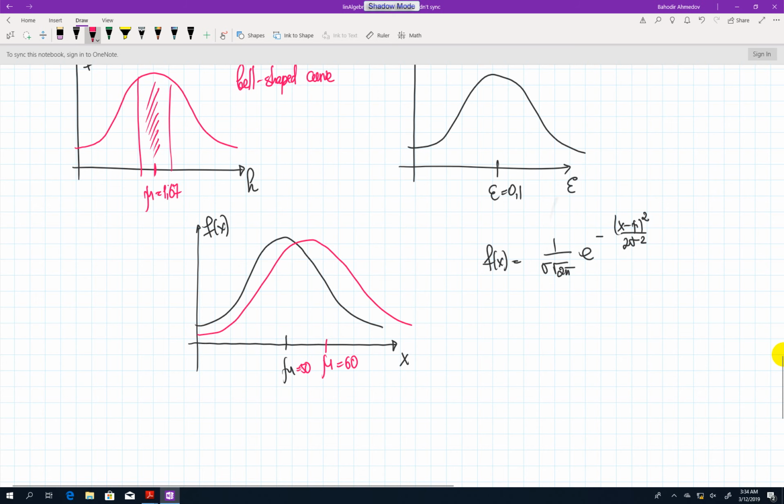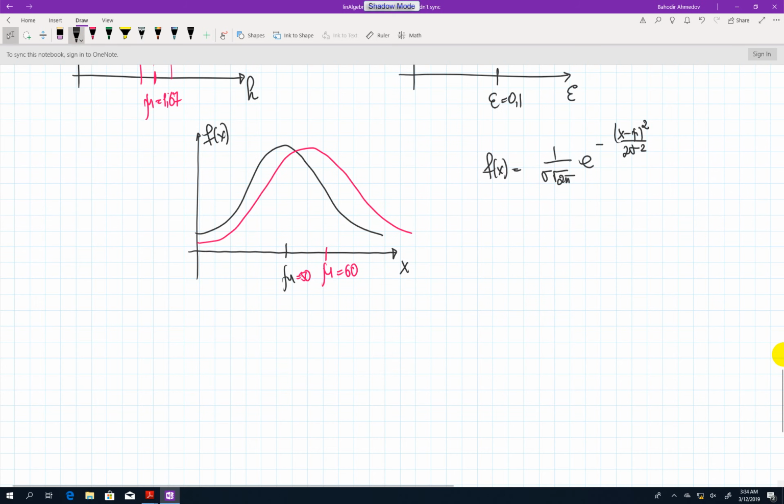Now, if you change the standard deviation, how does it change? The standard deviation means how far the points are from the mean, right? If the variance is bigger, the points are farther from the mean, so as we increase the variance, the curve becomes flatter.